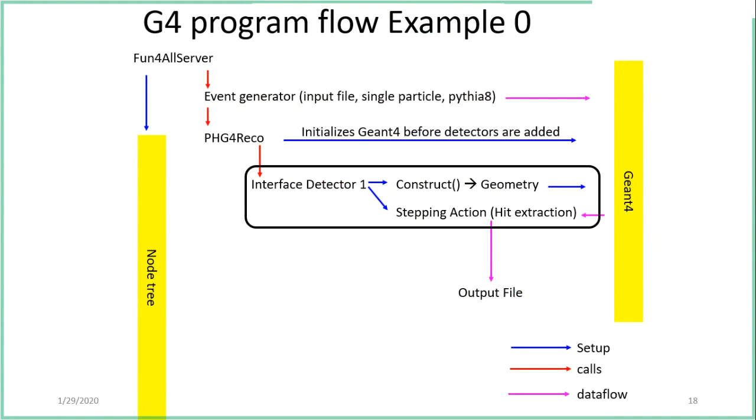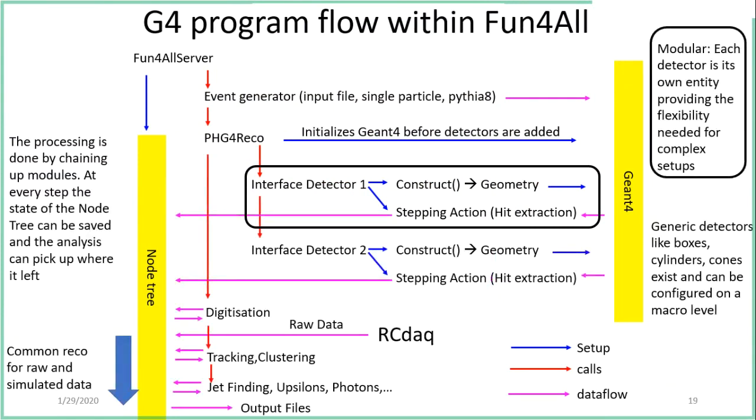It constructs it, and the stepping action writes its output file. That's the program flow in the current example. But this is not what you want in the long run. In the long run, you want to combine multiple detectors and analyze what comes out of them.